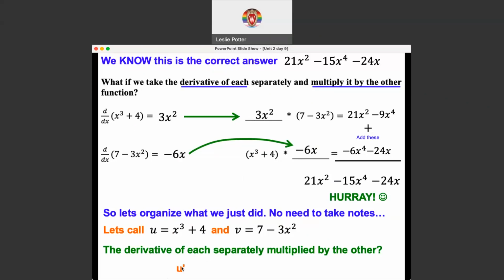So we needed a U prime and a V prime. Here's our U, so this is our U prime. We took our U prime times V. And then this down here was our U and our V prime. We took those and multiplied them together, and then we added all that up. So this is the definition of the derivative of a product.